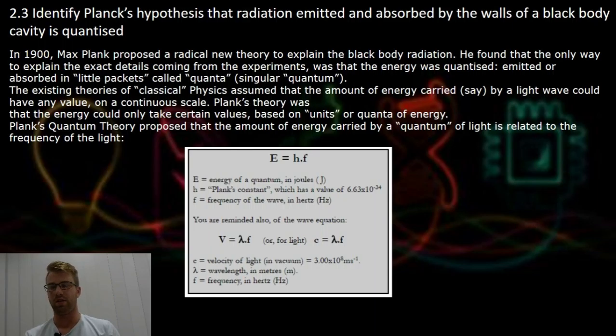The value that I've got there is incorrect, and it's been updated to 6.626 times 10 to the negative 34, where that is represented by h, and frequency is a value in hertz. You may have seen a similar equation in year 11 where we use v equals lambda times frequency, or c equals lambda times frequency, which you need to also have in your books.